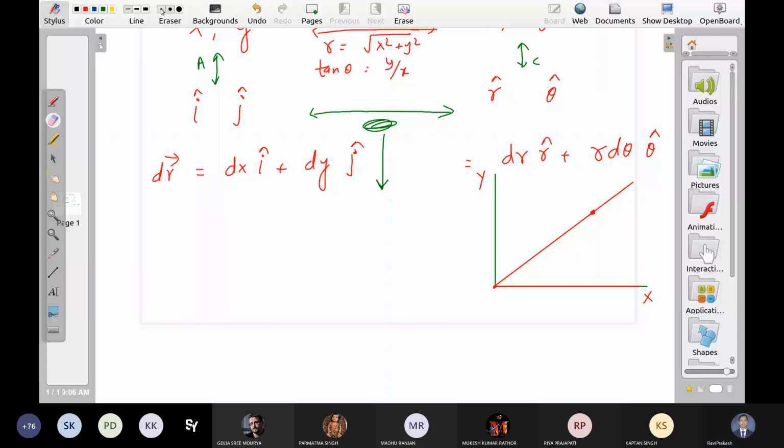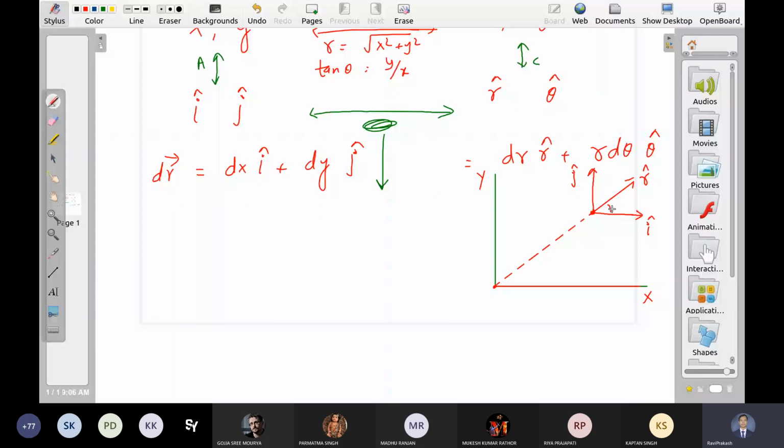This is length 1, this is r cap. What is i cap here? i cap has to be this, of length 1. What is j cap? j cap has to be this, length 1. This angle has to be theta.